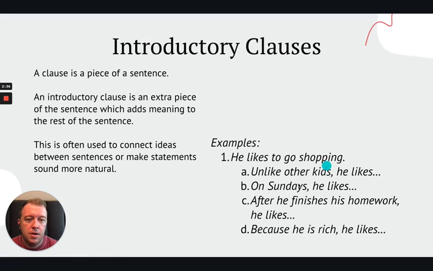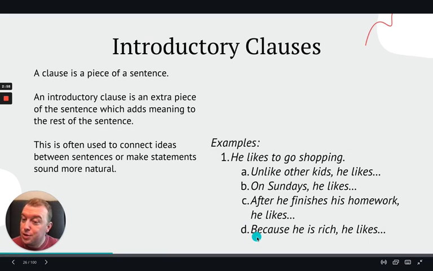So, here are some different ways that we can add introductory clauses. So, unlike other kids, he likes to go shopping. On Sundays, he likes to go shopping. After he finishes his homework, he likes to go shopping. Because he is rich, he likes to go shopping.